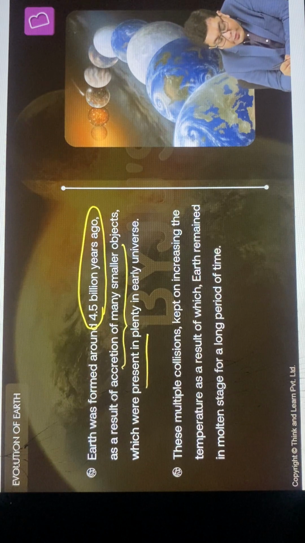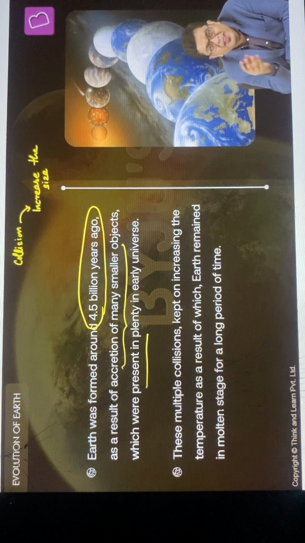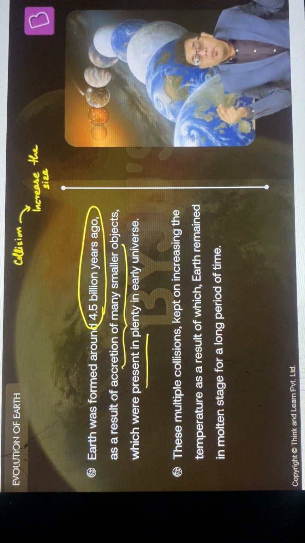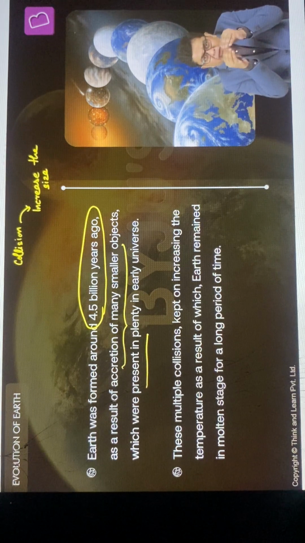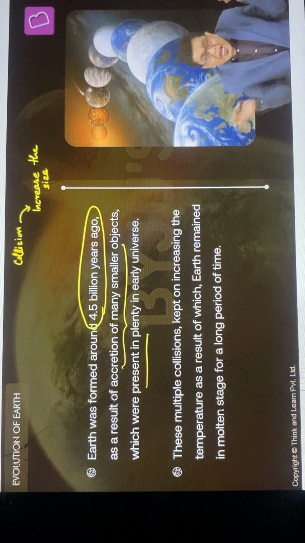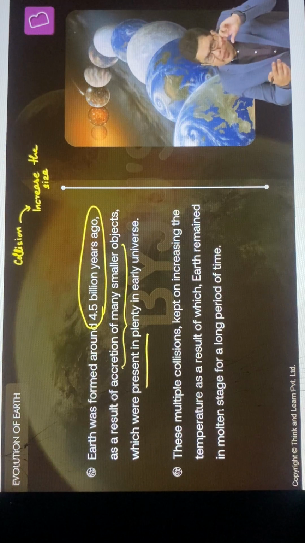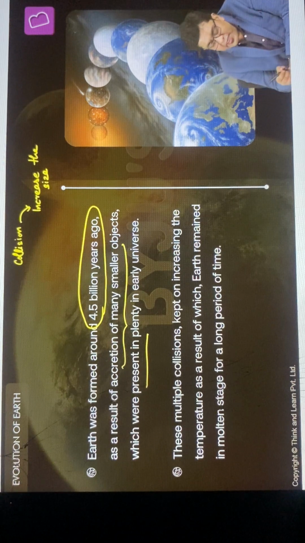Every time there is a collision, it would increase the size of what? The aggregate that is generated as a result of these collisions. Multiple dust particles will collide, they will form a slightly larger gravel or pebble-sized particle. That will collide with more particles, and a larger particle is generated. So the size kept on increasing.